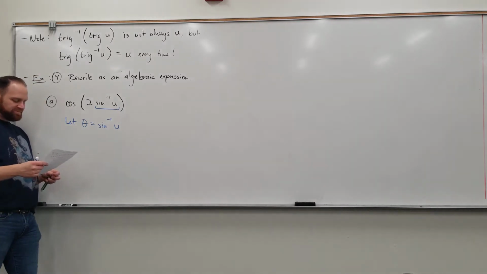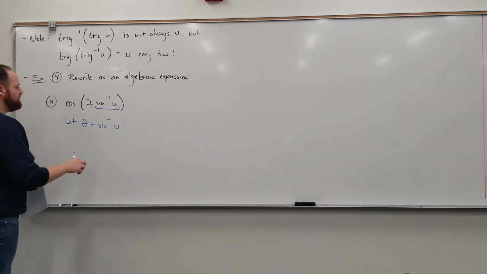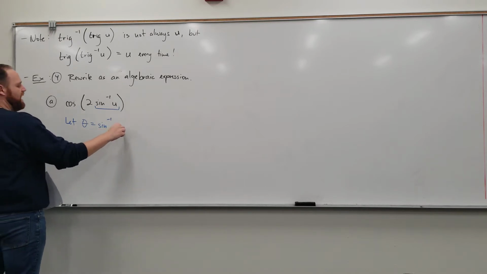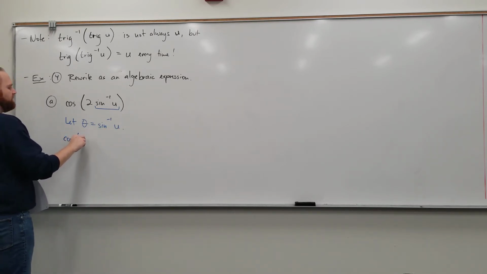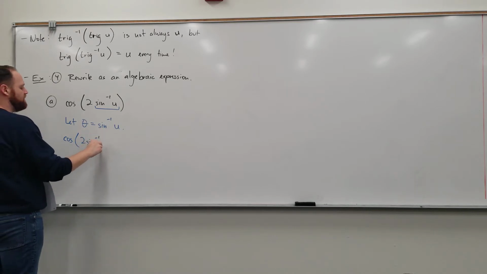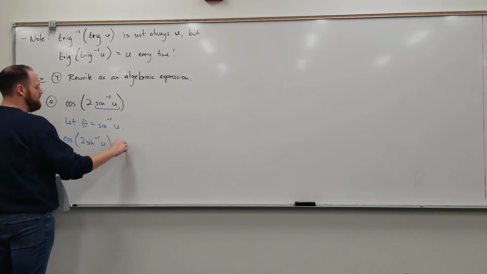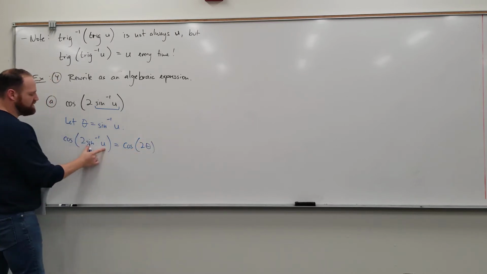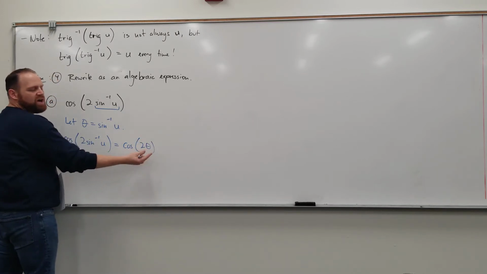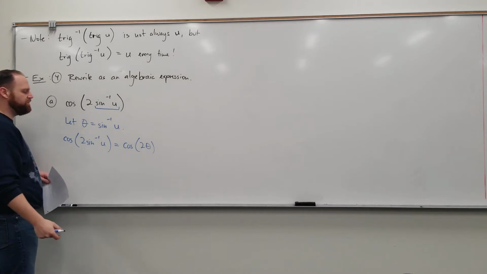Anyway, so if that's the case, now we're looking for cosine of 2 sine inverse u. That should just be cosine of 2 theta, right? Since the sine inverse of u, we're just calling that theta.